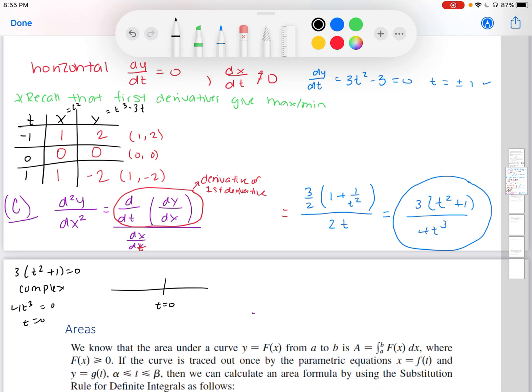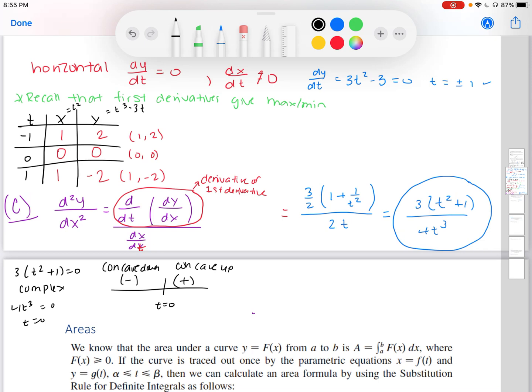And so we test on our curve to see when we get a negative or a positive outcome. We end up getting that when t is less than 0, it's concave down. And when t is greater than 0, it's concave up. And that is our part C.